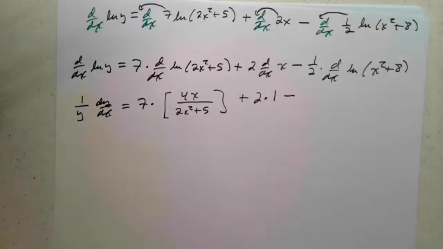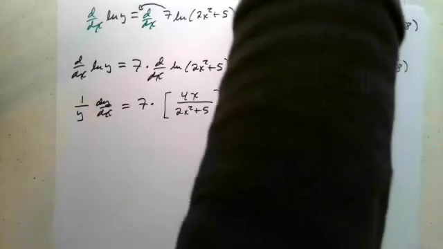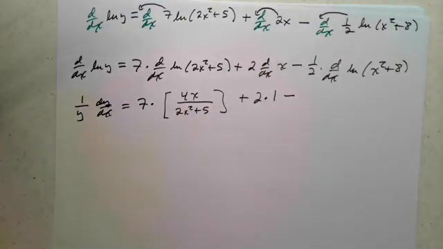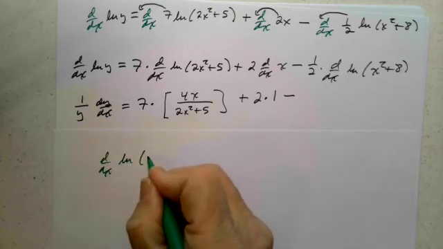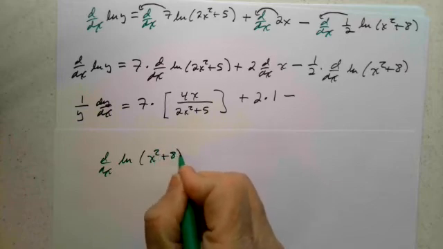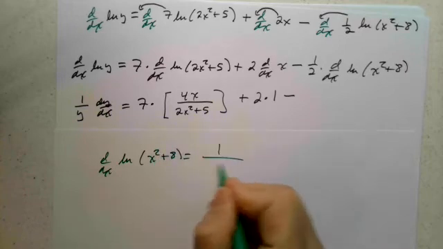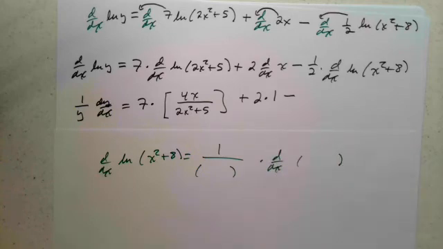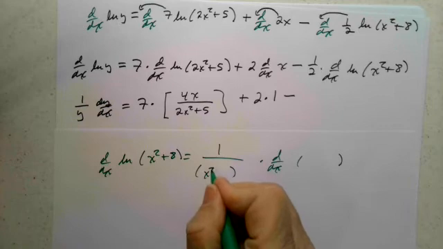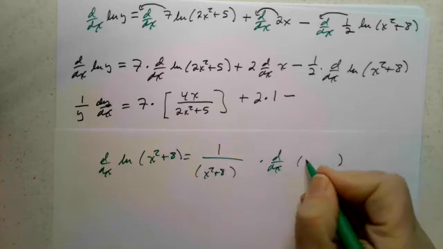Minus this piece, 1/2 times the derivative with respect to x of the natural log of x squared plus 8. Let's remind ourselves of that. The derivative with respect to x of the natural log of x squared plus 8. The derivative of log of something is 1 over the something times the derivative of the something. So it's 1 over x squared plus 8 times the derivative of x squared plus 8.